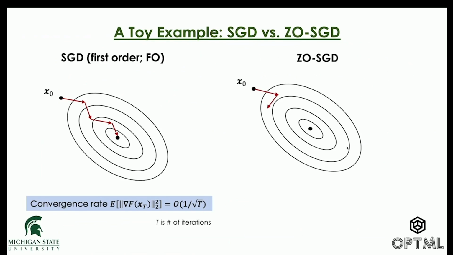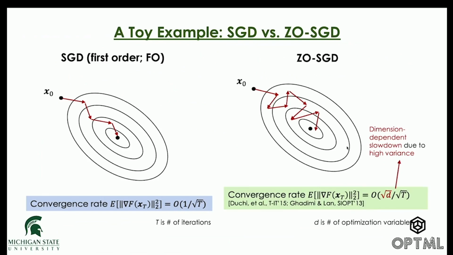It's a biased estimator, as I mentioned. And the direction is a little bit random compared to the first order gradient. You have to pay a lot of iterations until on average it will converge. So it can be proved that the convergence rate is also guaranteed. But this convergence will suffer from a slowdown effect based on the dimension of the problem. Here d is the number of optimization variables, so the problem size.